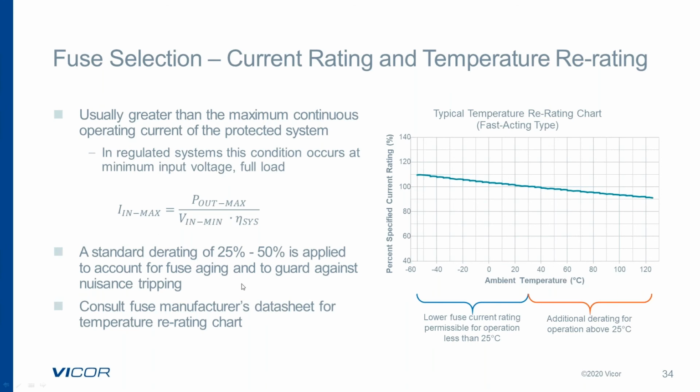And then we add some derating on top of that to take into account aging and protect against nuisance tripping. Now, the DC to DC converter system is typically designed to operate in a wide range of temperatures, in military applications, minus 55 to much higher temperatures. And so an additional derating must be taken into account for this temperature range. And these curves can be obtained from the fuse manufacturer.